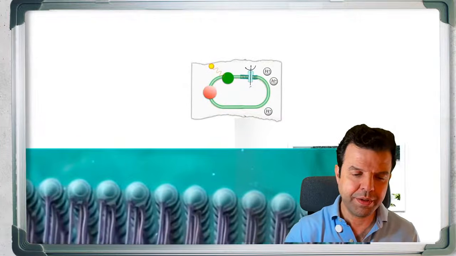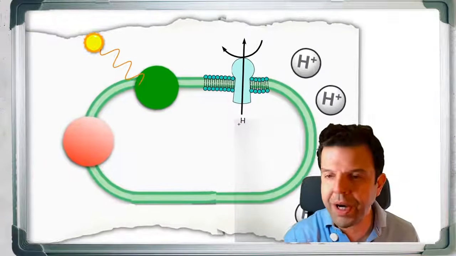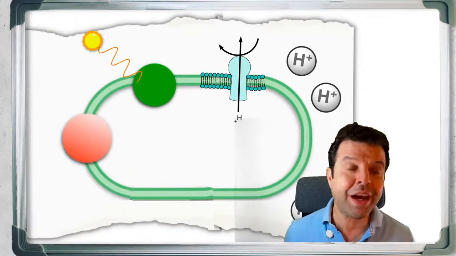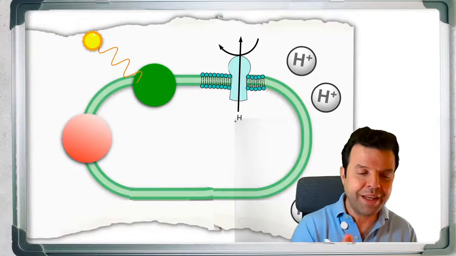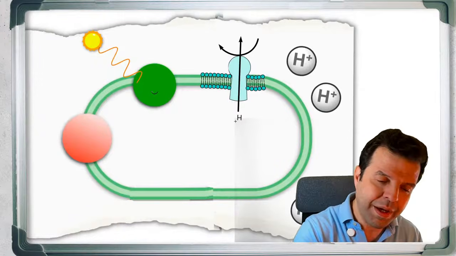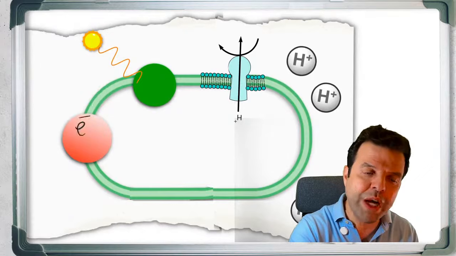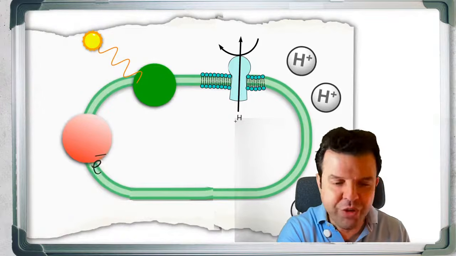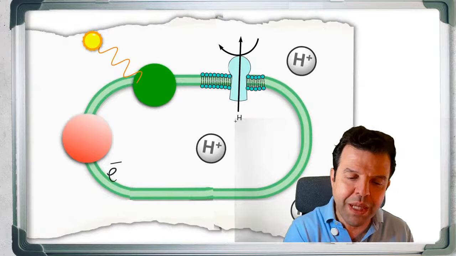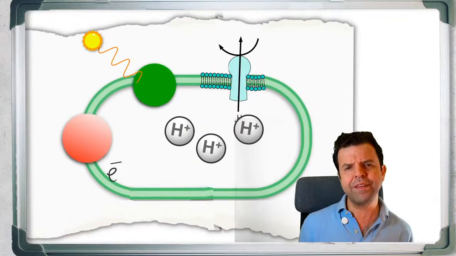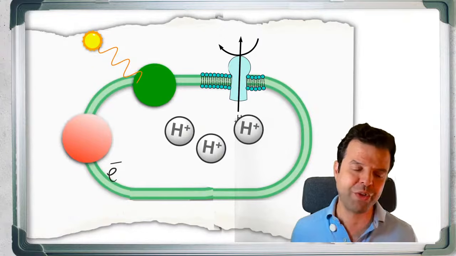I'll repeat. So where am I exactly? I'm in the thylakoid membrane. What am I doing? I am simply exciting some electron, making that electron move through a chain. While it's moving, we're accumulating hydrogen ions like this. We build a gradient, a high concentration gradient.